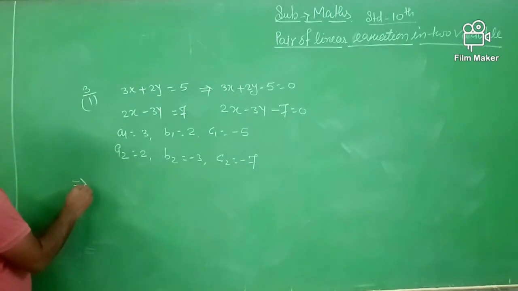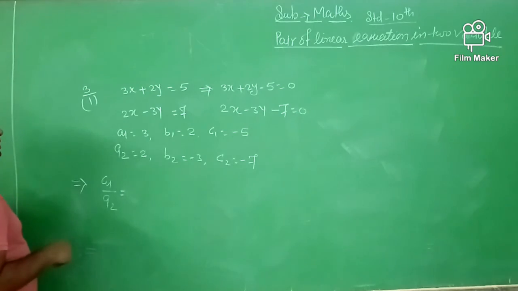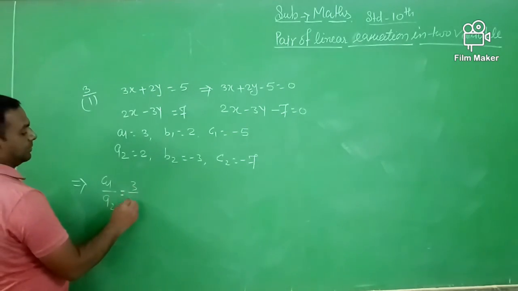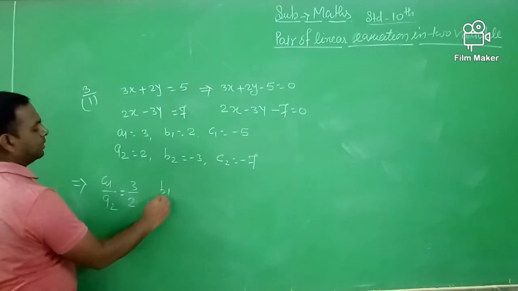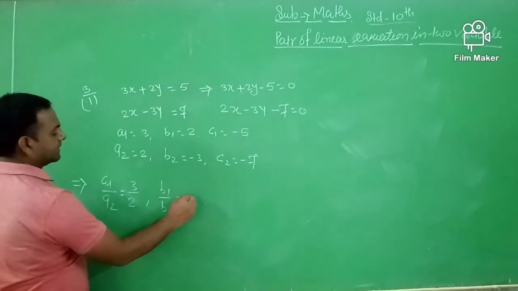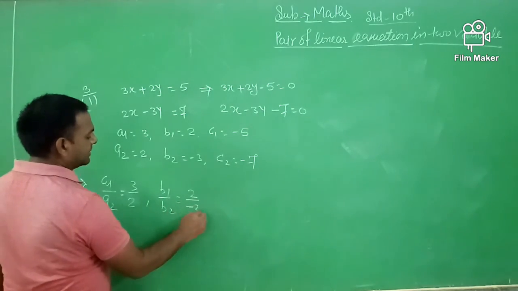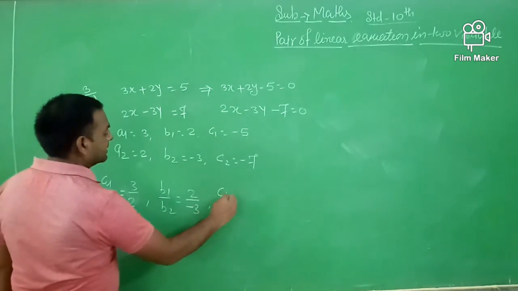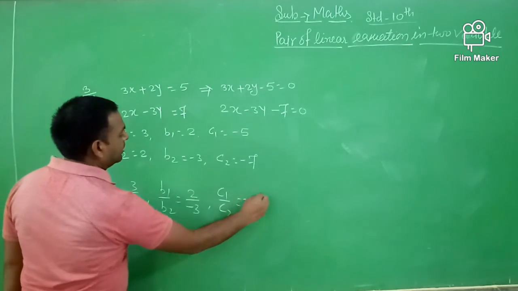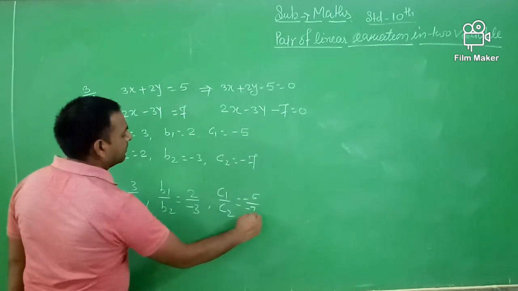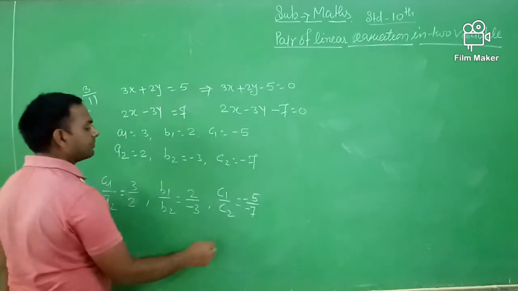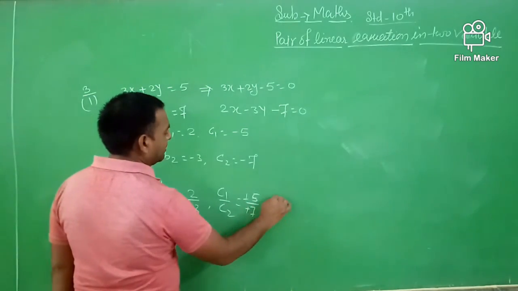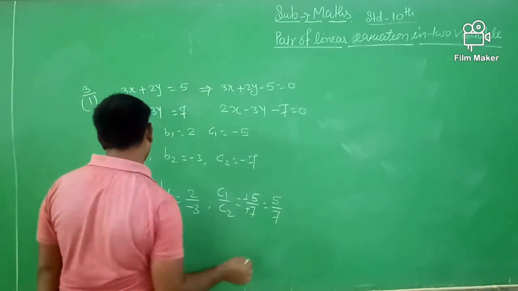Here a1 by a2 is equal to 3 by 2. Then b1 by b2 is equal to 2 by minus 3. And c1 by c2 is equal to minus 5 upon minus 7. Minus is cancelled by minus, so it is 5 by 7.